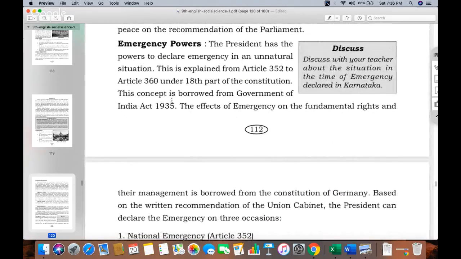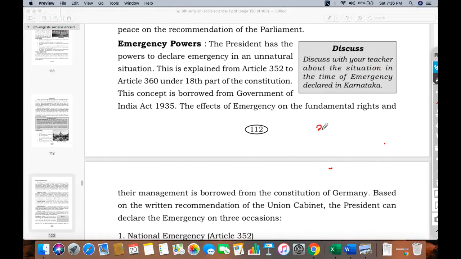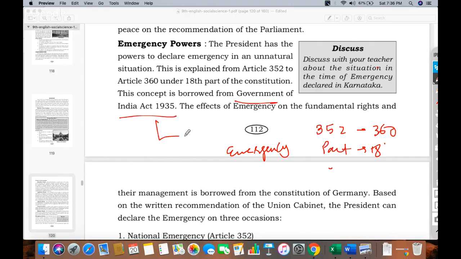Emergency power: the president only. When I was discussing emergency, I told that the president only can declare emergency. Now try to understand, remember these articles: article 352 to 360. Part 18 of the Indian Constitution is about emergency. Emergency has been taken from the Government of India Act 1935. The effects of emergency on fundamental rights are borrowed from the Constitution of Germany.